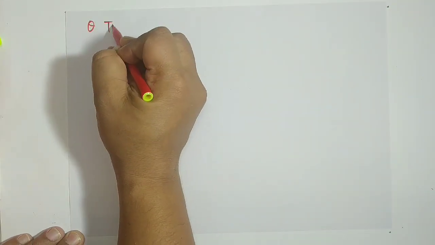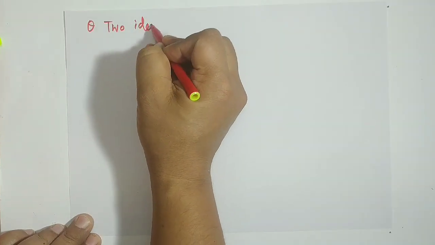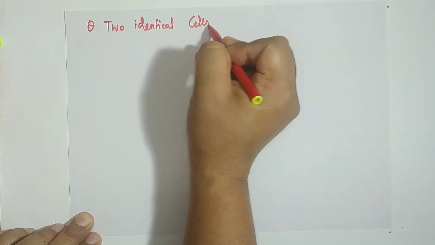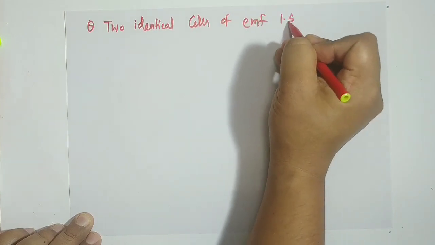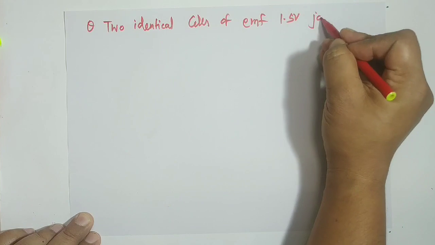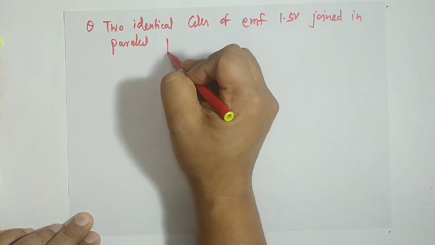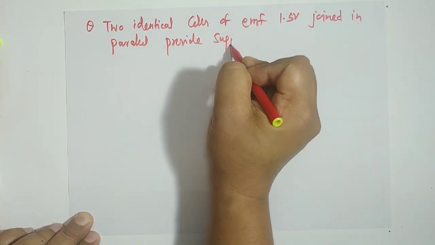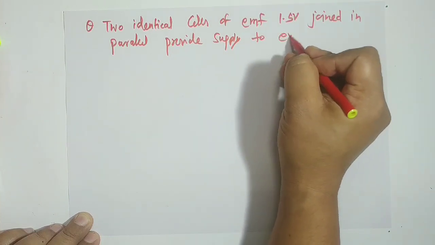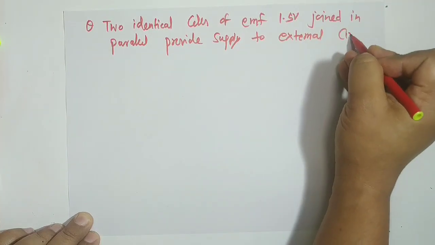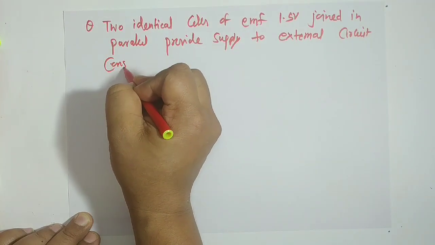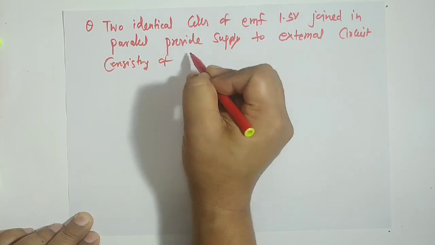Now we'll do two basic questions based on this, and one of the questions is that two identical cells of EMF 1.5 volt joined in parallel provide supply to an external circuit consisting of two resistances.